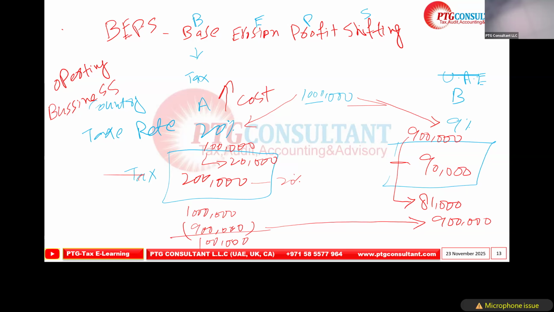So what they did is they shifted the base from country A to country B, and how much tax did they save? Other participants, please, how much tax did they save?